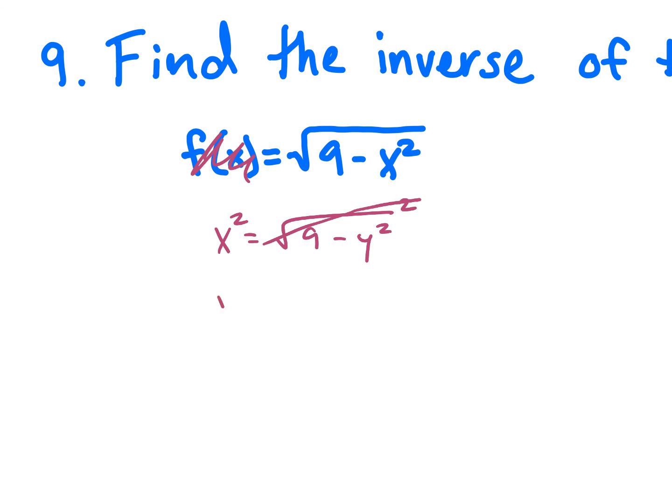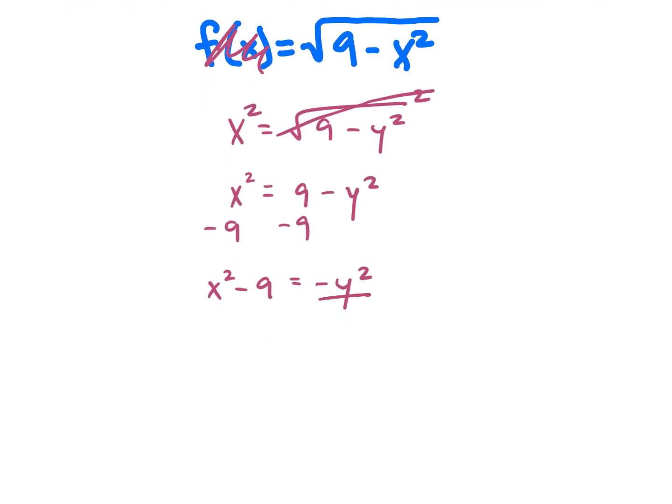So that cancels. I get x squared is equal to 9 minus y squared. So I can subtract 9 on both sides. So x squared minus 9 is equal to -y squared. Divide both sides by -1.